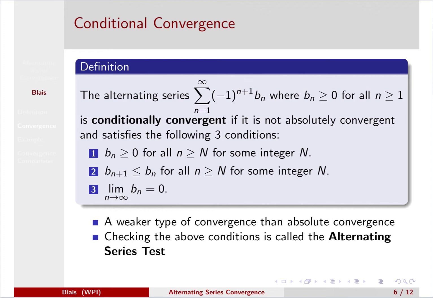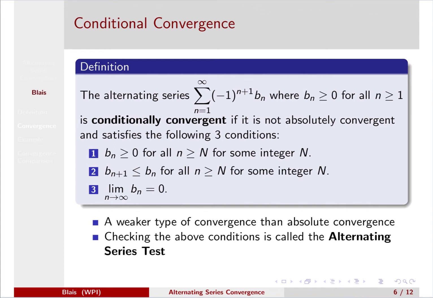So we say the alternating series, the same alternating series we've been looking at so far, sum n goes from 1 to infinity, minus 1 to the n plus 1 times b_n, where the b_n are non-negative, is conditionally convergent if it is not absolutely convergent, which is important.